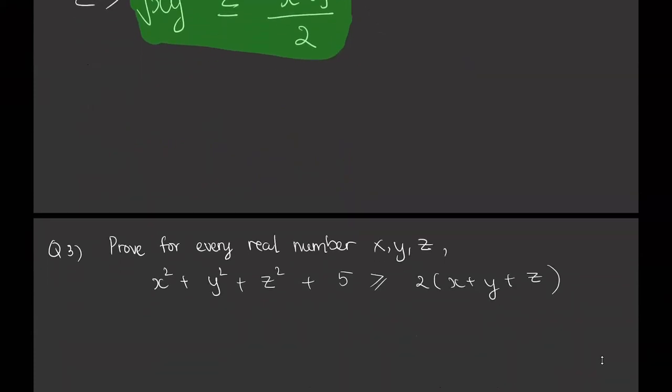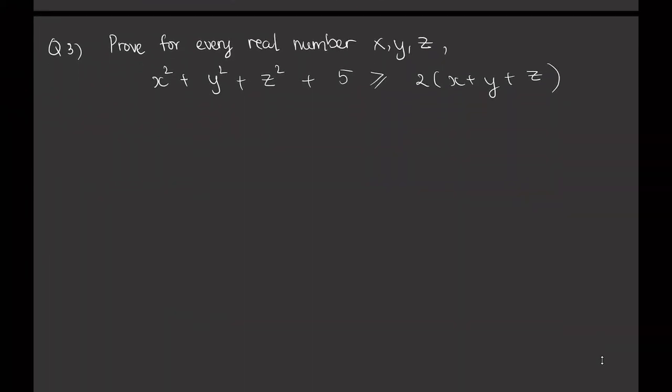Okay, so based on what we just discussed, I want to guide you through this exercise. There's only 10 minutes left, so I might solve it quickly. As I told you, when I see x squared and then x to the power of 1 and a constant, with a similar pattern for y squared and y to the power of 1, z squared and z to the power of 1 and a constant here, I think about completing the square.